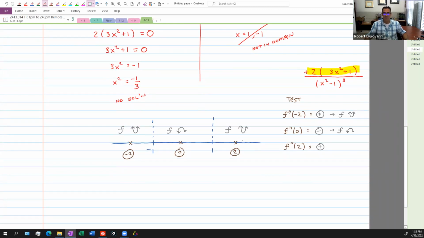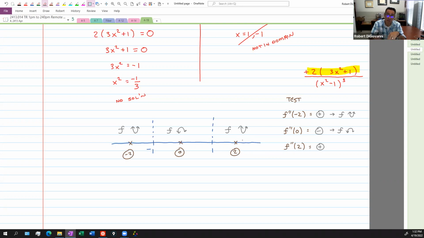32 minutes in. All right. Do we have any inflection points? Careful, careful. We do go from concave up to concave down, don't we? But they're happening at -1 and 1, which are not points in the domain. The only way you can have an inflection point is if that point is in the domain.